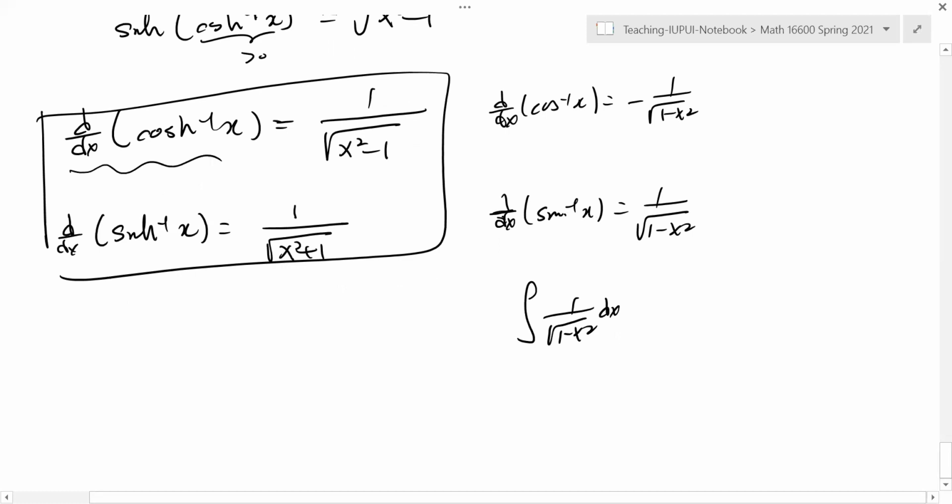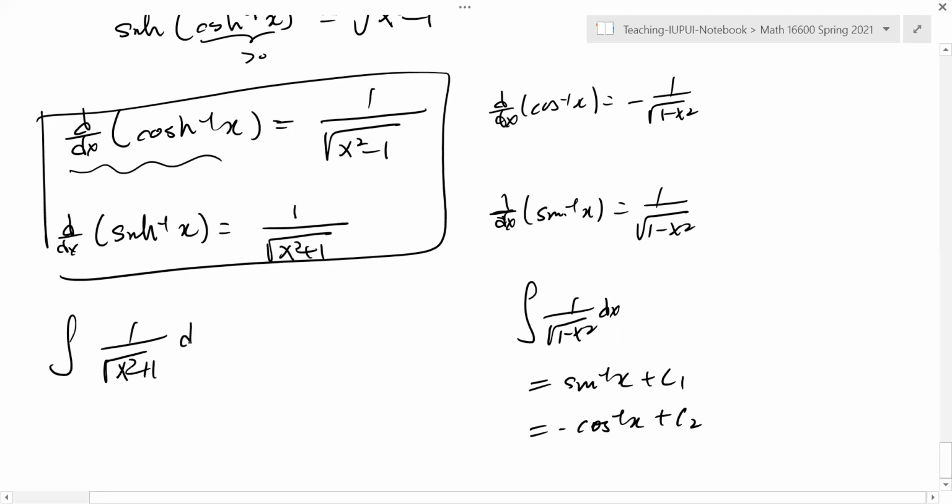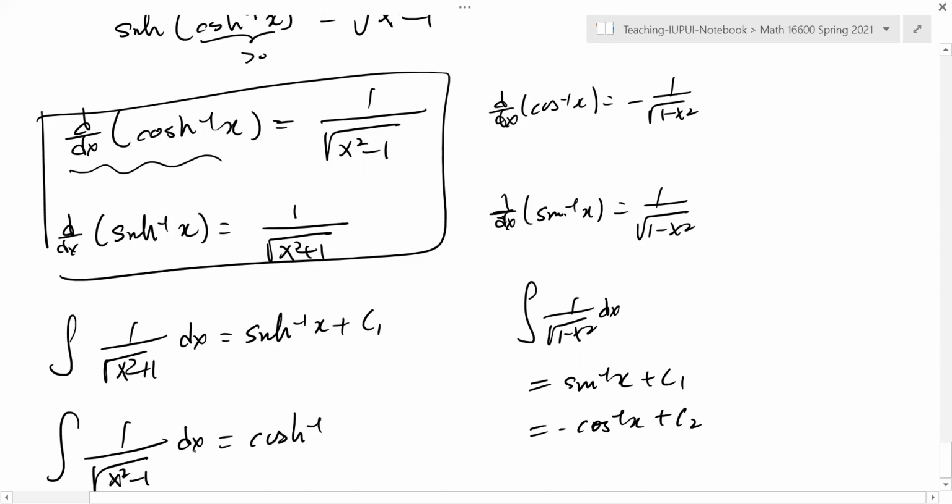But on this side, you only have this formula, and to deal with this, you have to use the inverse of cosine x.